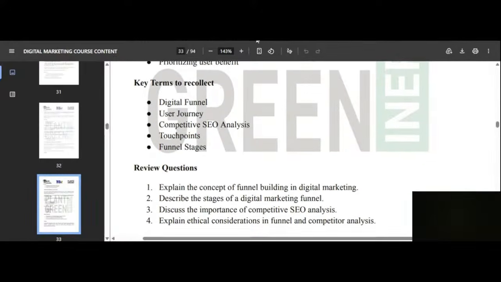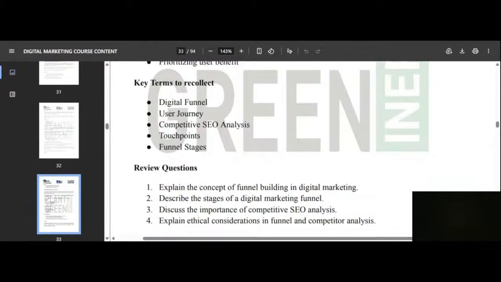So students, today we have discussed in chapter 6 about digital funnels. What is a digital funnel? How do you design a digital funnel? We have discussed that. We have also discussed what is user journey, and how you do user journey mapping.